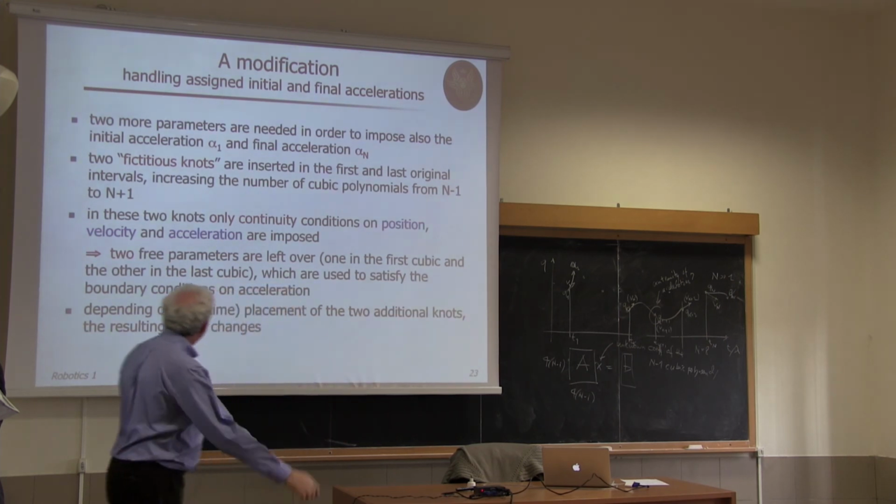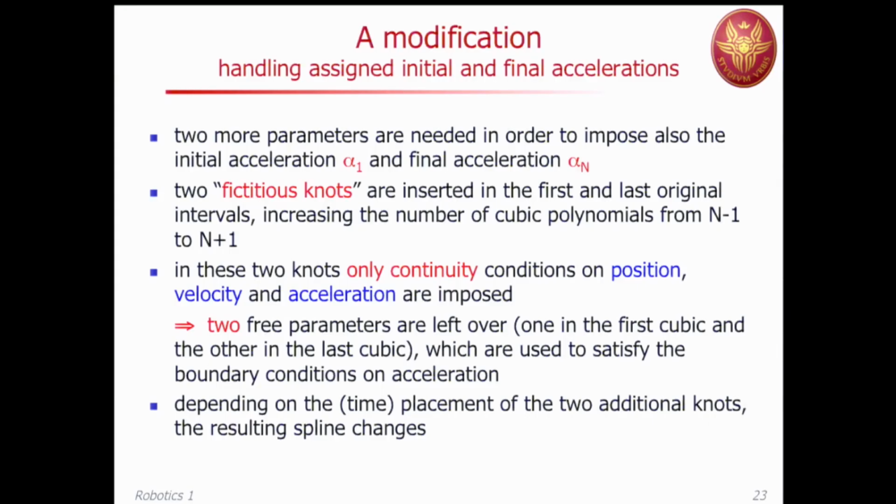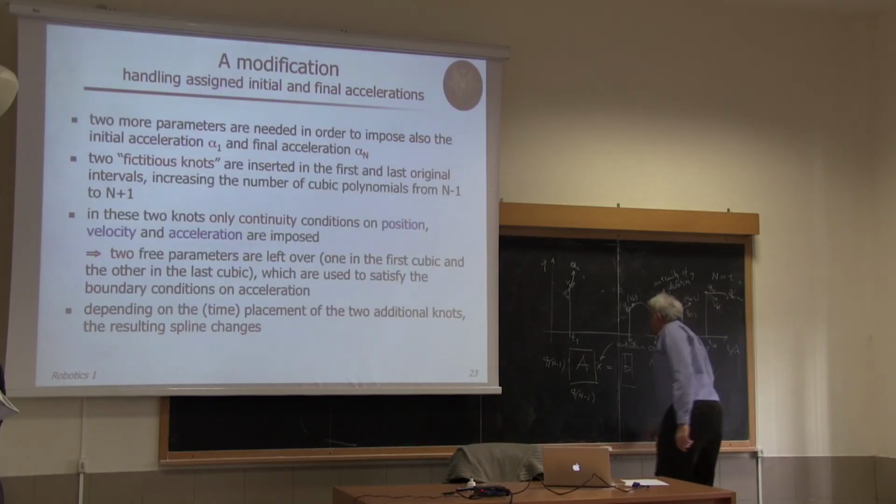Okay? So you split the interval, and then you have to impose some condition now in a fictitious knot, because there is no knot to pass through. Since now you have n plus 1 cubics, remember, so you split, let's draw it here.